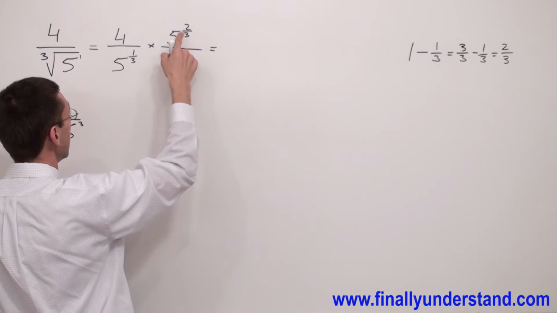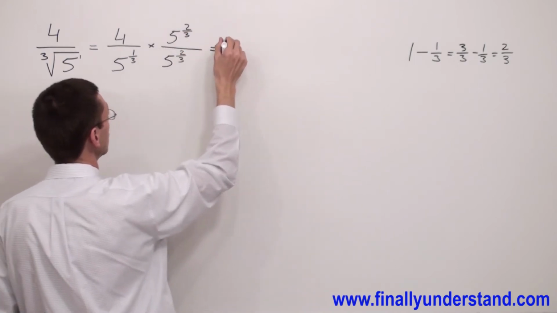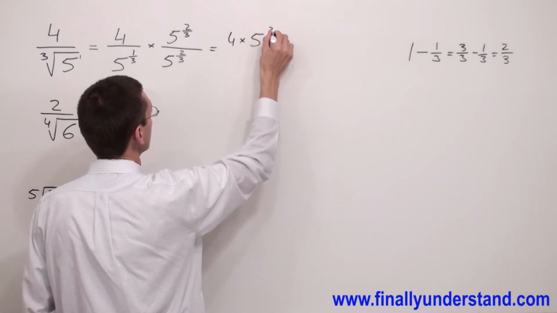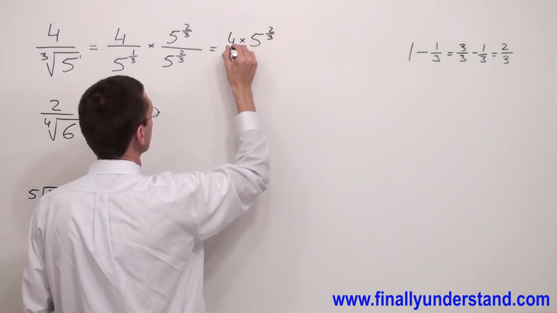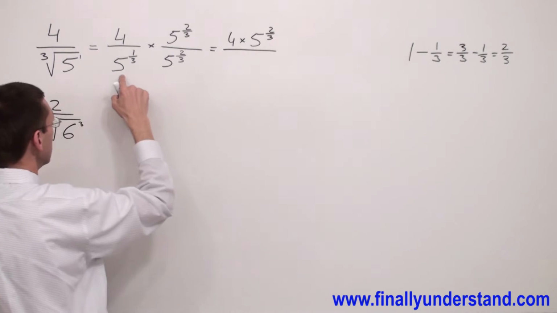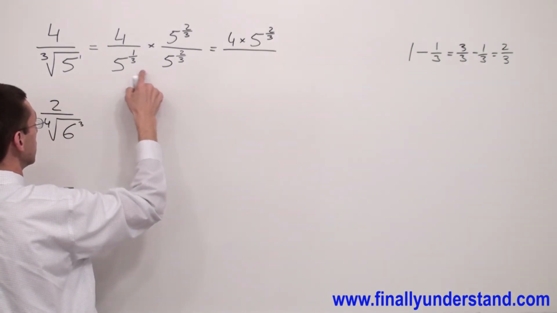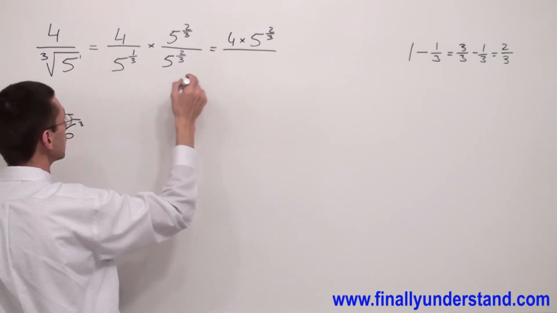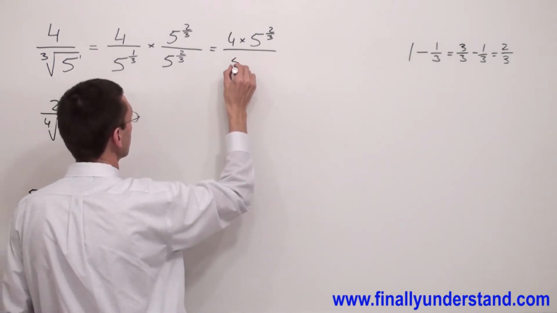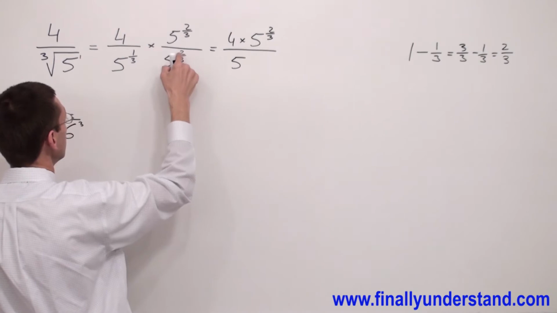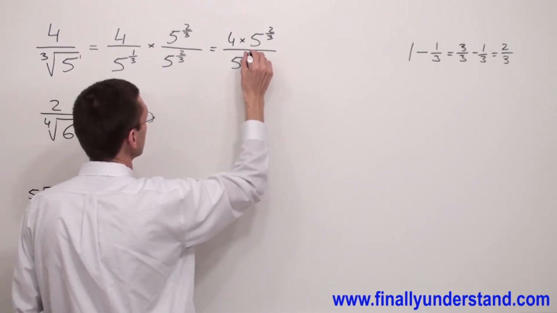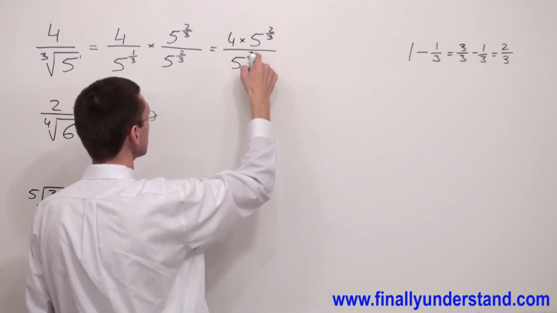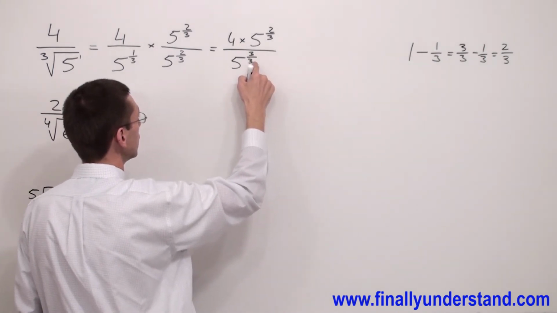Next, I have to perform the multiplication. 4 times 5 to the power 2/3 is going to be 4 times 5 to the power 2/3 over. Now, anytime I multiply numbers with the same base, I have to keep the base and add exponents. I'm going to have 5 to the 1 plus 2 is 3, and the denominator stays the same, over 3. 3 divided by 3 is 1.